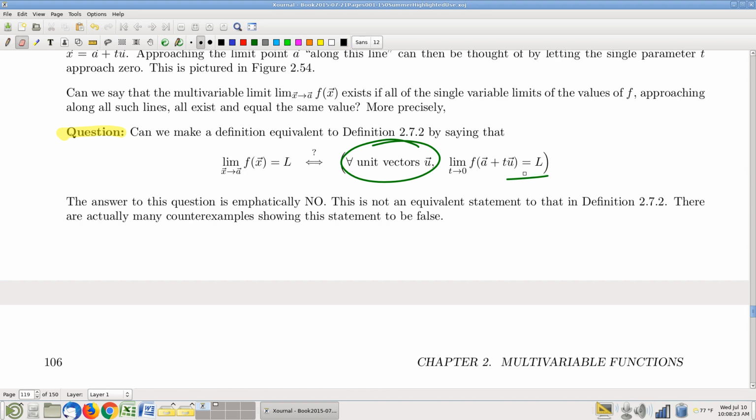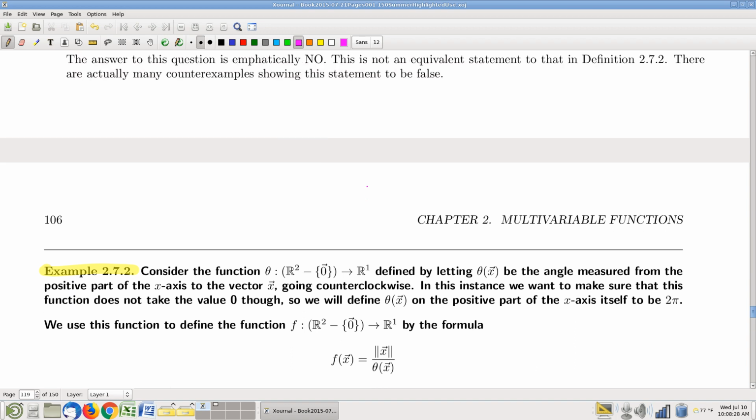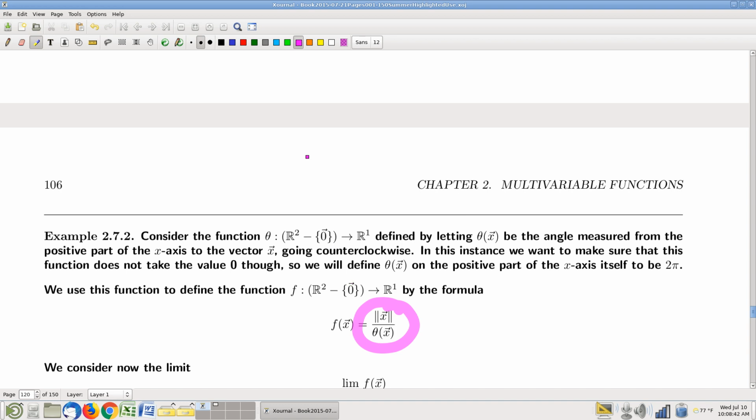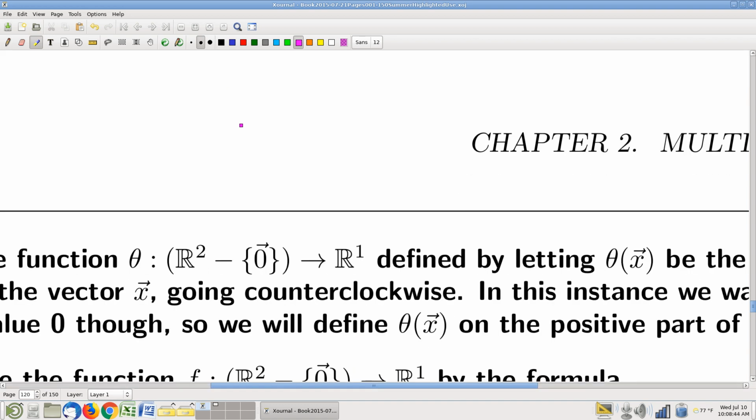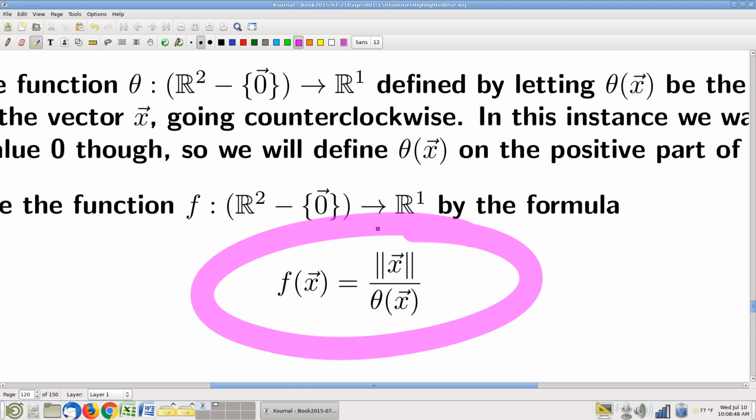Now this is a weird function I'm about to write down, but I think it's a convenient way to get at the idea that we're looking at here. So here it is. It's the magnitude of a vector divided by the angle of the vector. Let me zoom. This function seems pretty straightforward.